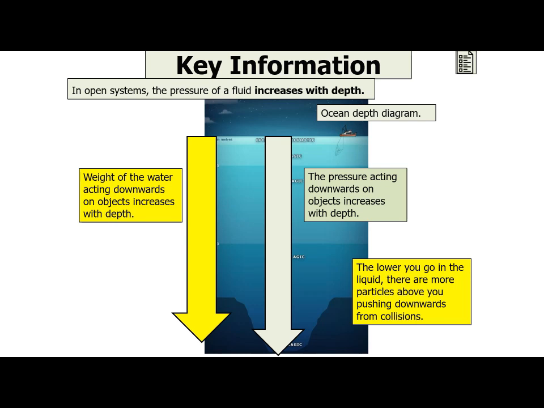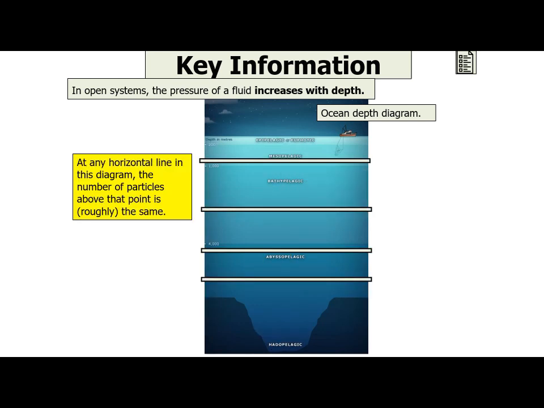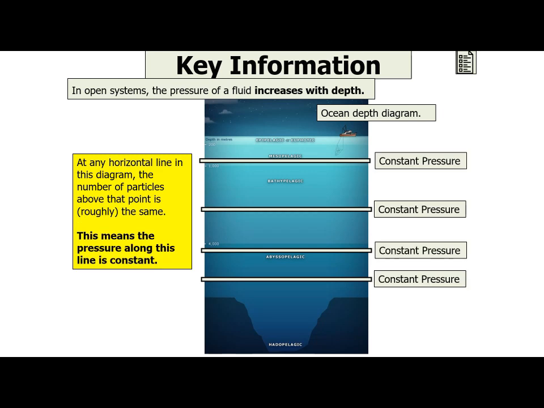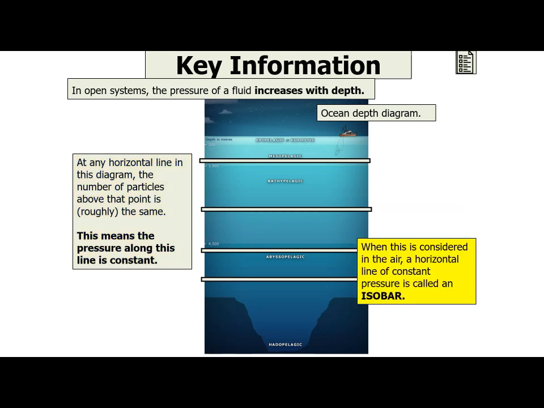What this means is that at any horizontal line in a diagram of a fluid, the number of particles above that point is roughly the same. So along that particular line, the pressure is constant. Now, when this is considered in air as a fluid, the horizontal line of constant pressure is called an isobar.